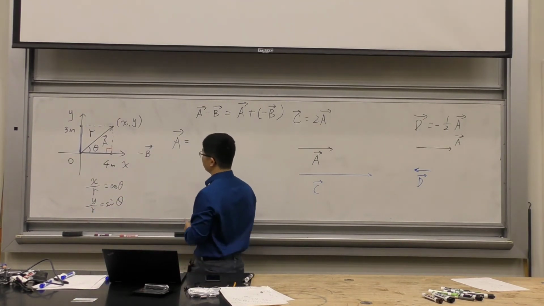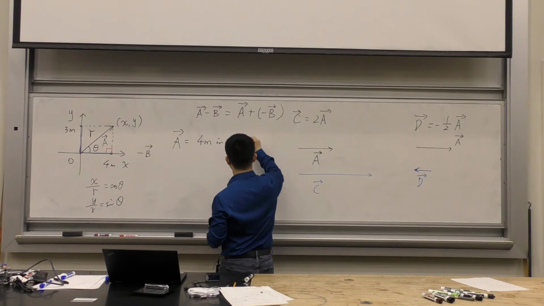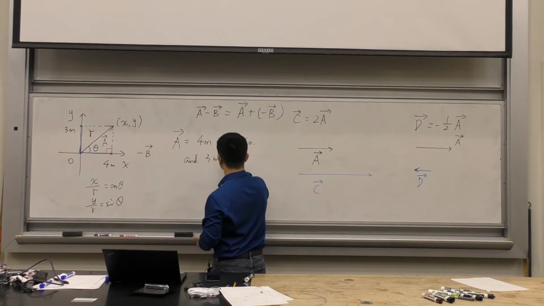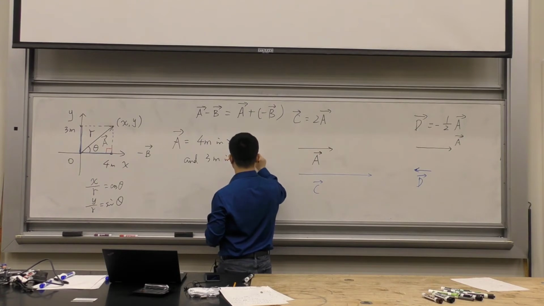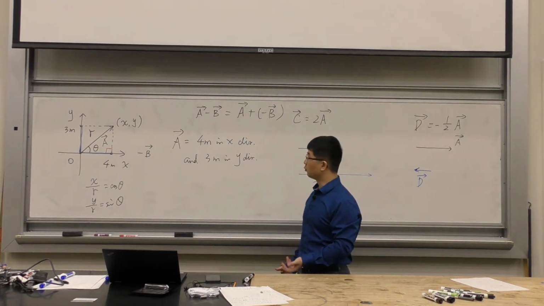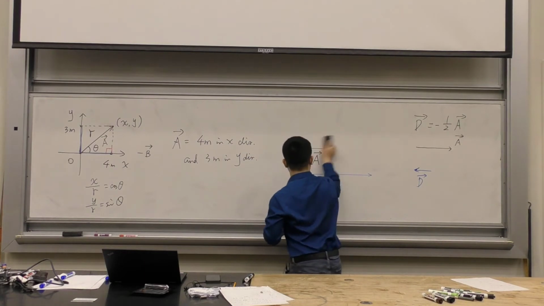If I write it in words, I would say 4 meters in x direction and 3 meters in y direction. So that's how I specify the components of this vector A.